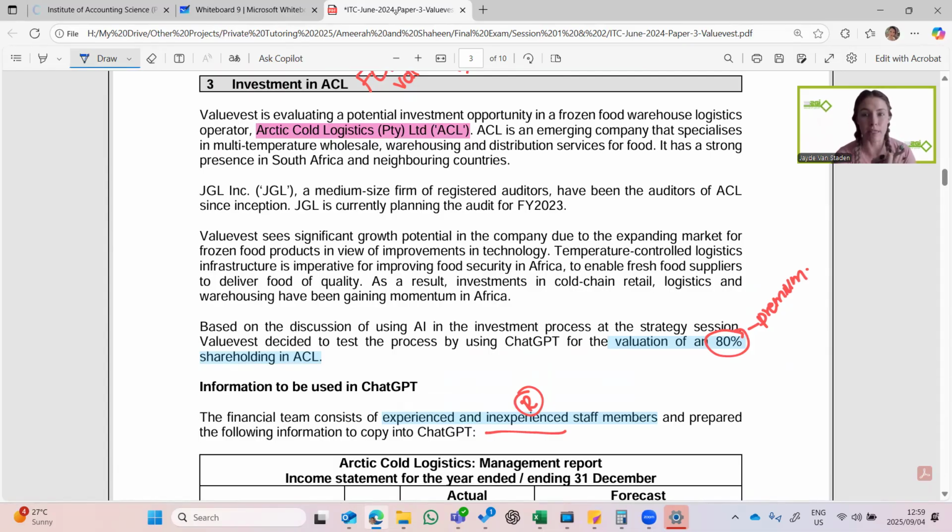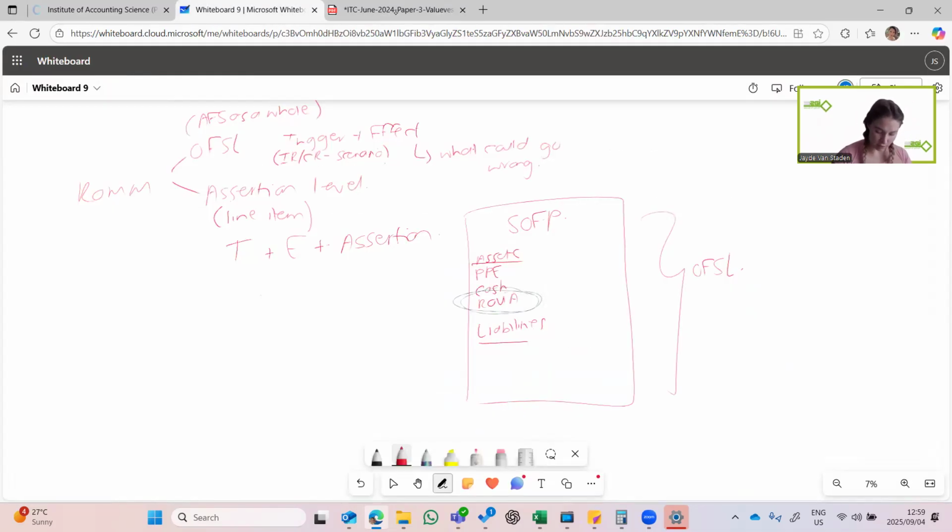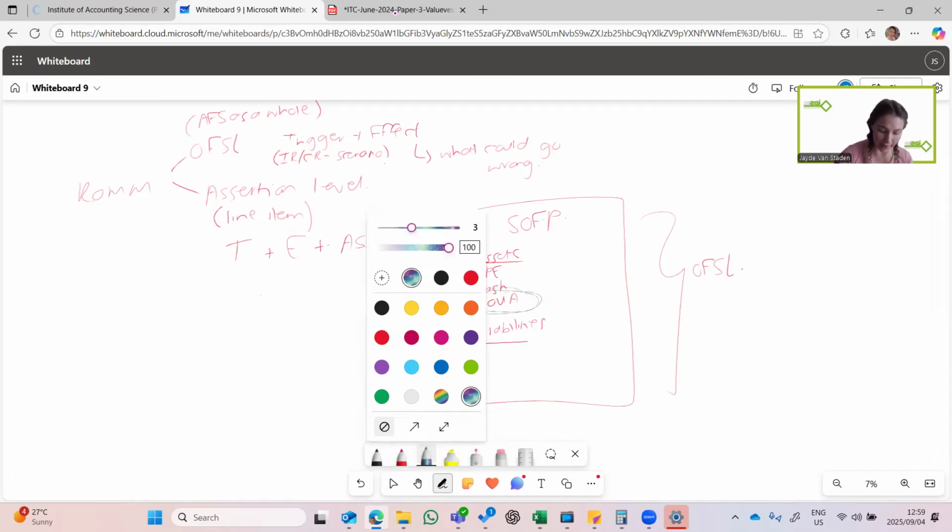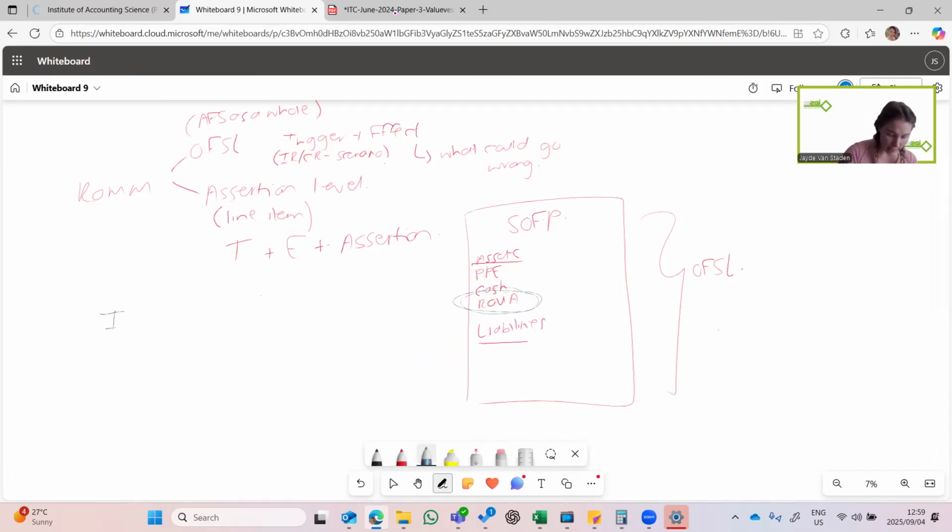Now I'm going to direct you to a very, very useful part of ISA 315. That very useful part is good for inherent risk factors, and that is in Appendix 2 of ISA 315.